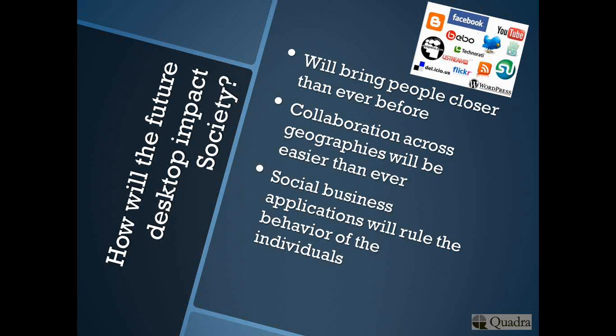So you don't have to worry about people sitting in different branch offices, or in different geographically separated places. The distance between people will disappear, I would say. Collaboration across geographies will be easier than ever.